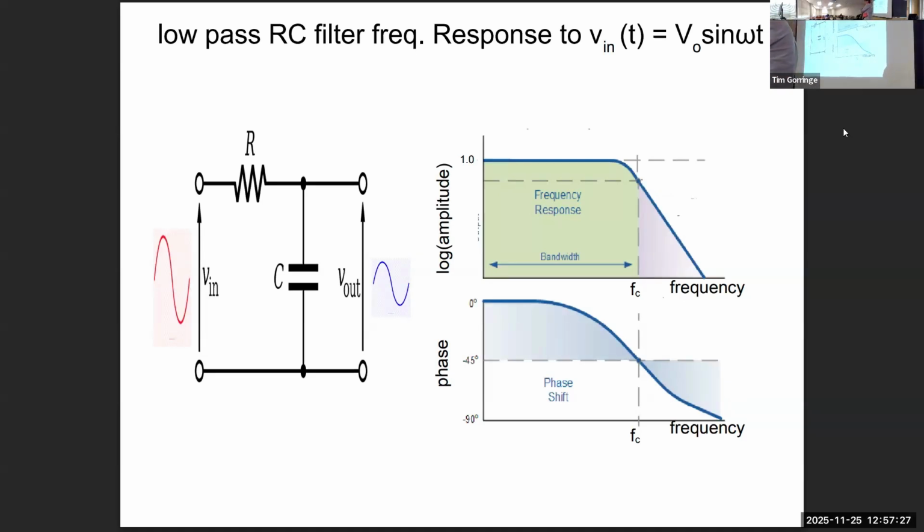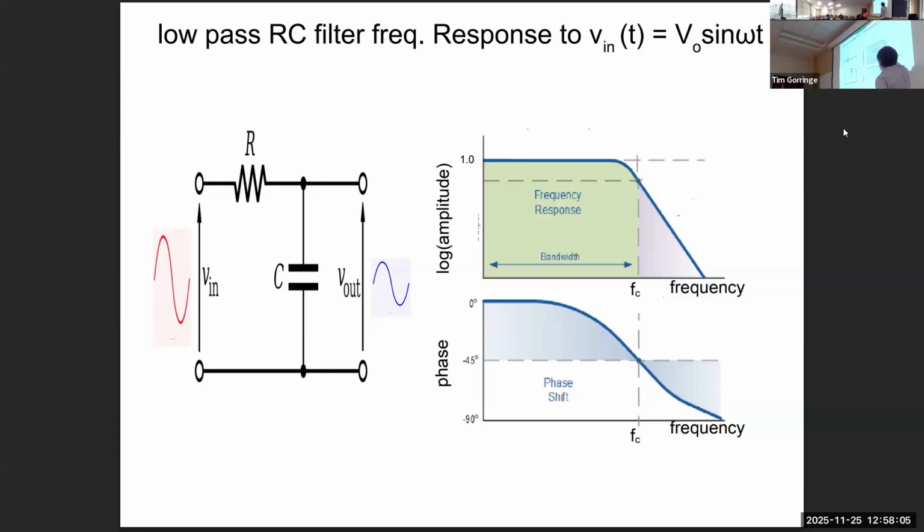If you've got a low frequency, if it's much lower than the frequency corresponding to the time constant of the RC circuit, then you see the output is simply the input. If you've got a high frequency, meaning a frequency that's much higher than the inverse of the time constant of the circuit, as determined by the RC values, then you get no output. In between those, then you get an attenuated output of the original signal.